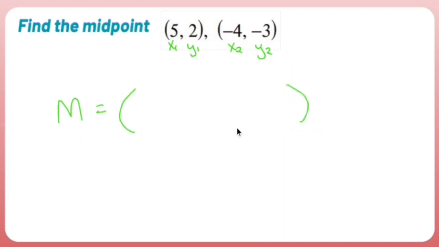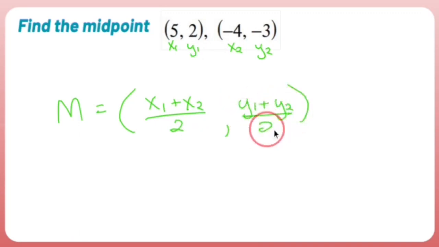It's a big point, and the x value is going to be x sub 1 plus x sub 2 all over 2. And if you're thinking, that's like the average, it is like the average. Average means middle. Y sub 1 plus y sub 2 all over 2 gives me the midpoint for the y value. Now it's just a matter of plugging stuff in and doing a little bit of math.